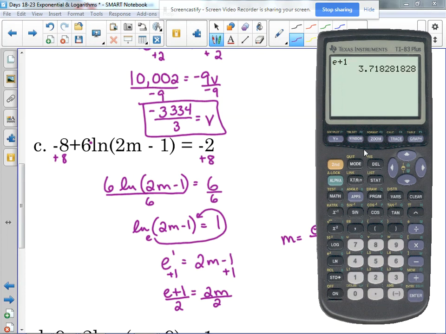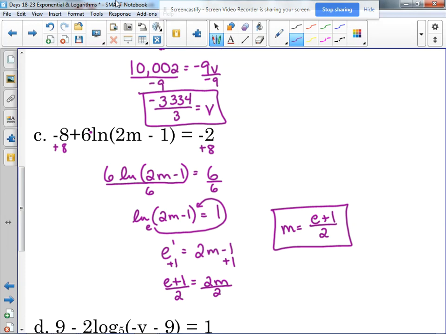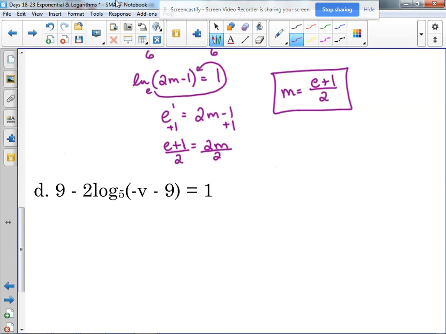Now, because I forgot to put my parentheses in there, I need to press enter after my numerator and then divide by 2, store as x, and then I can go back in and check my solution. And it does give me -2, so e plus 1 divided by 2 is the correct answer. And we want to leave that in exact form. We don't really need a decimal version of that.